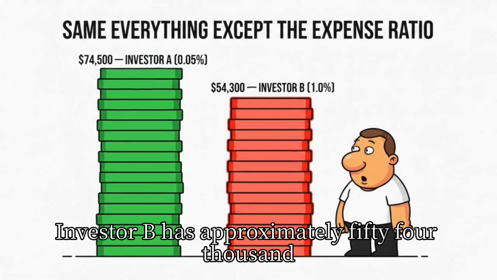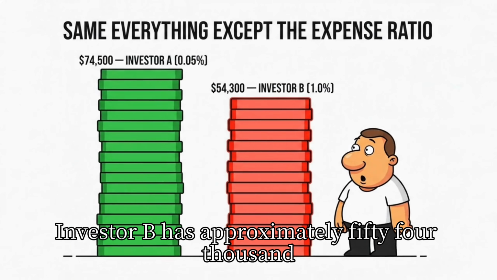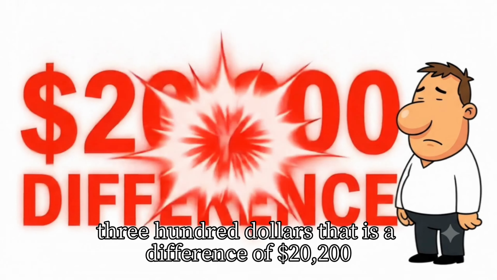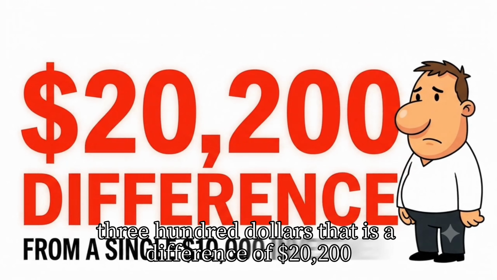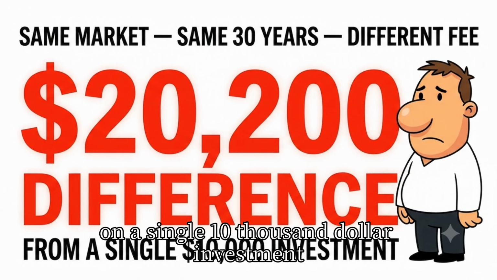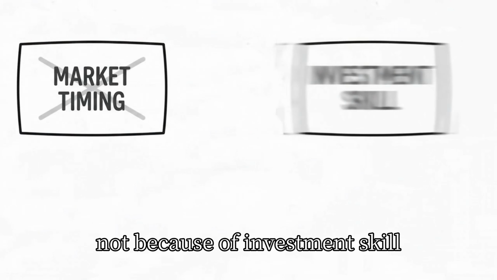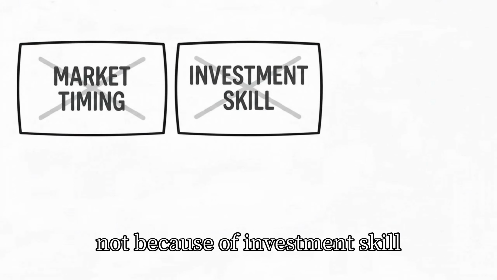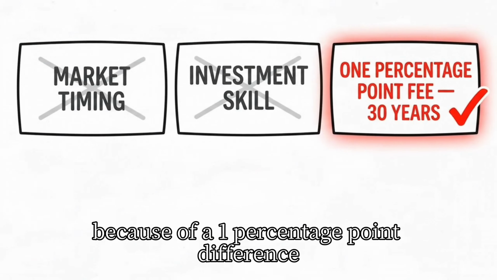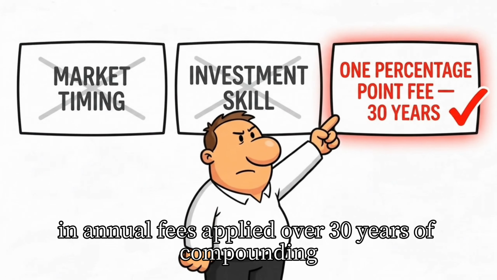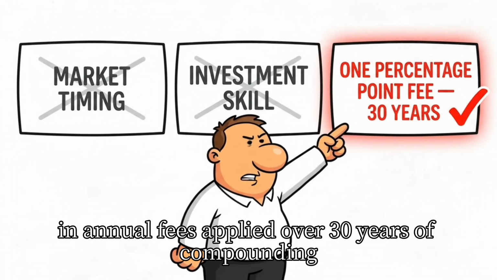Investor B has approximately $54,300. That is a difference of $20,200 on a single $10,000 investment. Not because of market timing, not because of investment skill, because of a 1 percentage point difference in annual fees applied over 30 years of compounding.